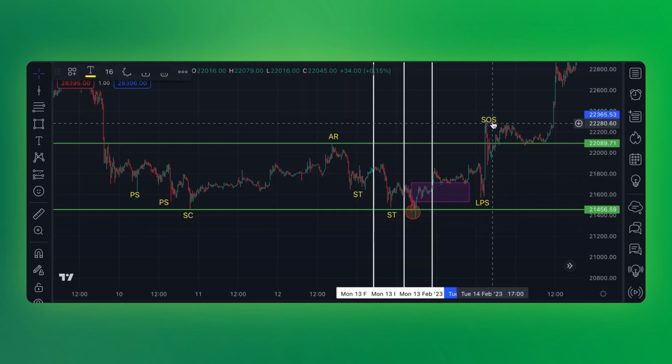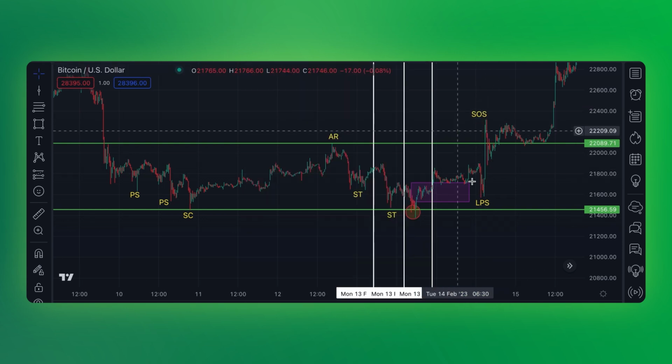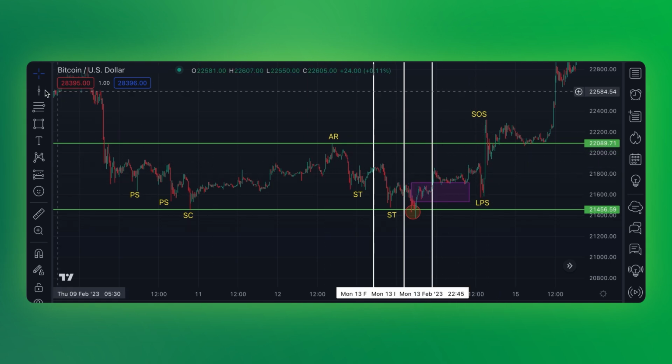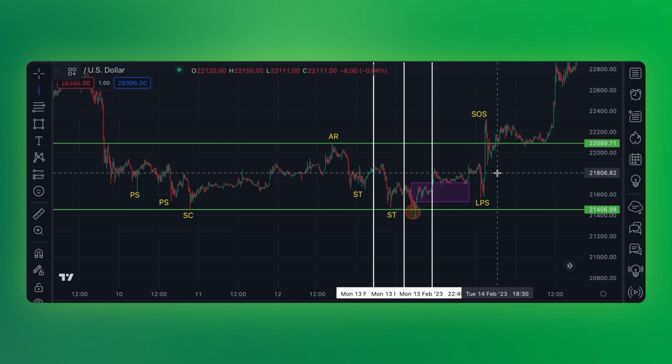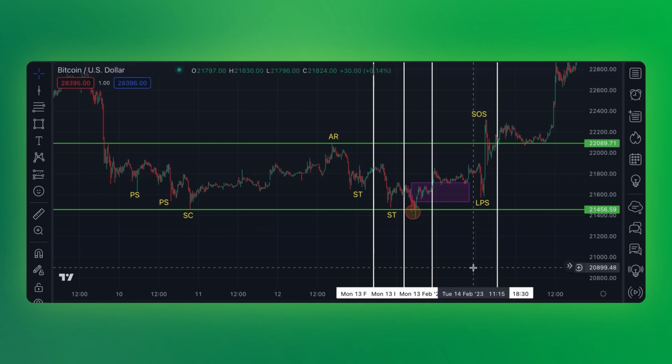So at this point, we are almost sure that our Wyckoff scenario has played out very well, and the market would continue to go upward right here. But what you need to keep an eye out for, as we mentioned earlier, is volume and big bullish candles to break through the range.